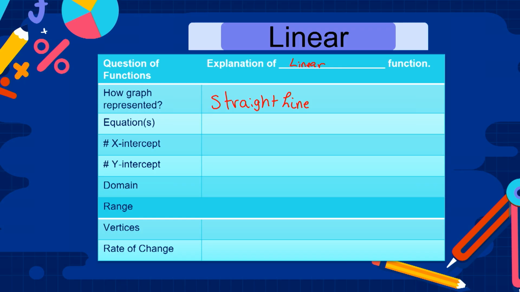Now, the next one says the equation. We've seen a good many equations when it comes to our linear functions, but the most that we've seen is y = mx + b. Sometimes we may also reference ax + by = c. Now my x-intercepts are also known as zeros, and they're going to have a number and then a zero.